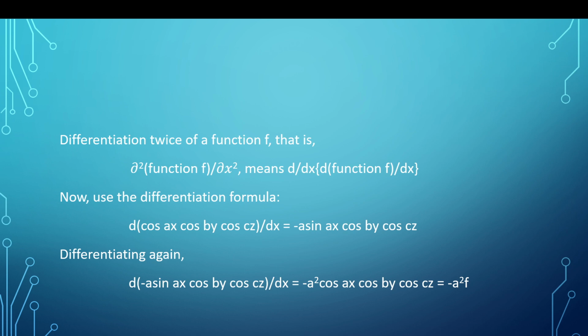Now the same formula is used. We first differentiate cos ax cos by cos cz with respect to x to get minus a sin ax cos by cos cz. Differentiating again, we get minus a square cos ax cos by cos cz.